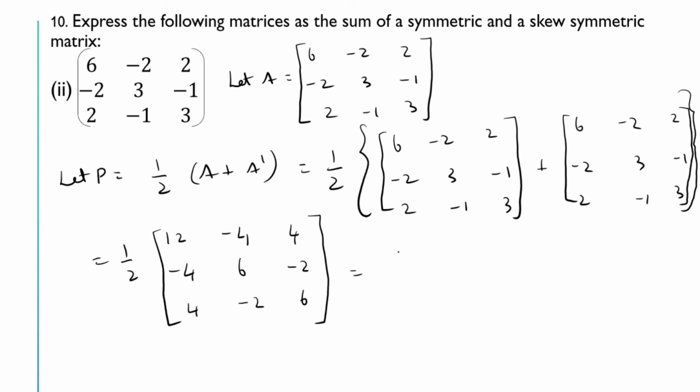So this is equal to, dividing each term by 2, 6 minus 2, 2, minus 2, 3, minus 1, 2, minus 1, 3.